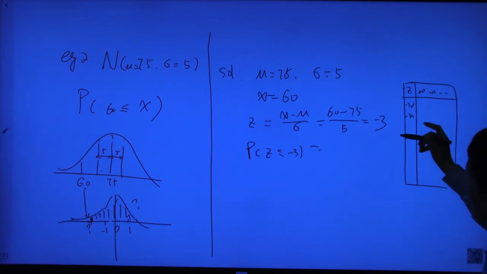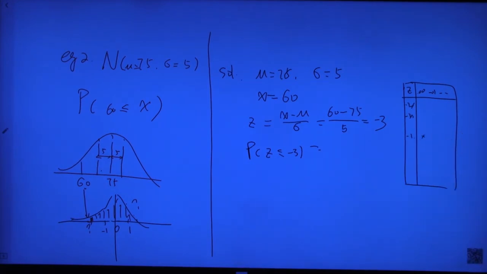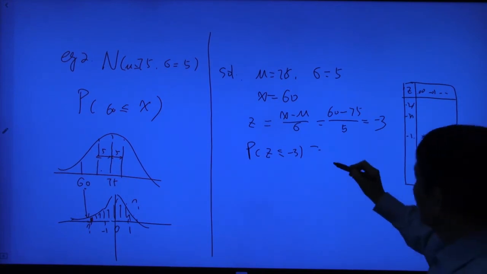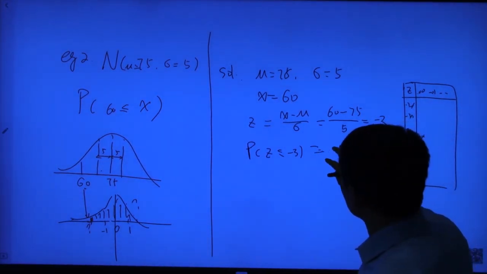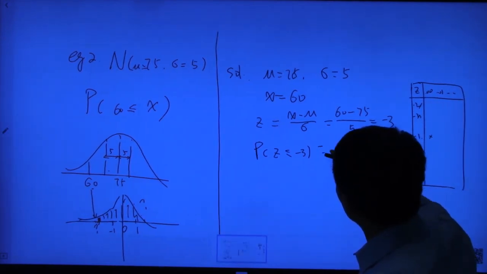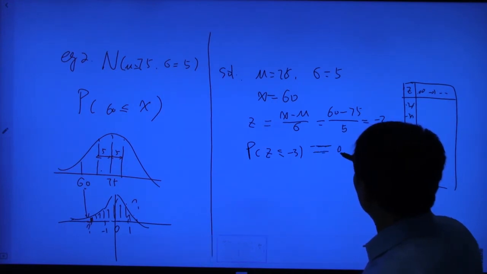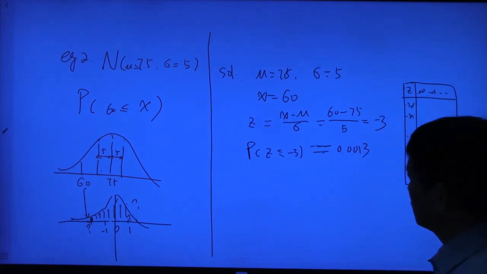Negative 3 is somewhere here, negative 3.0. And we just look for this number. The number here is 0.0013.